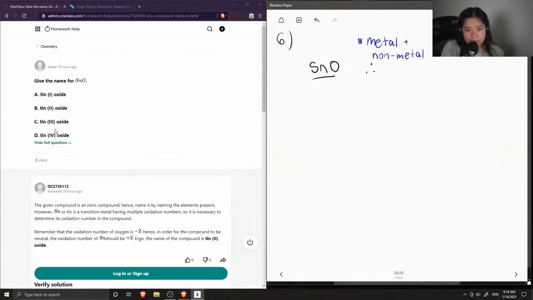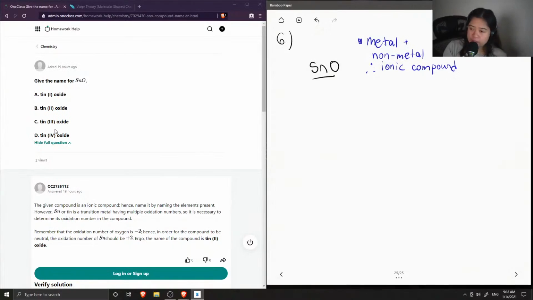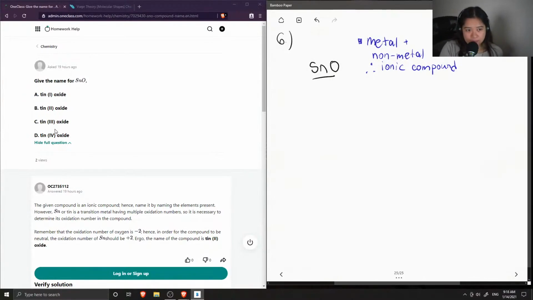So these are bonded together through an ionic bond, so therefore we have an ionic compound. It's always important to know the type of compound you have because each of them has different rules. So now I'll just write the rules of naming ionic compounds.